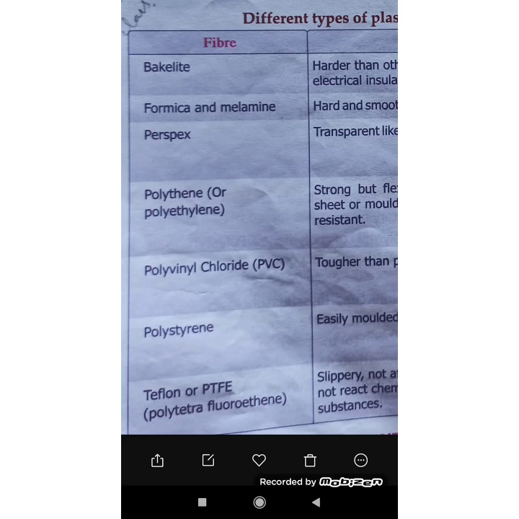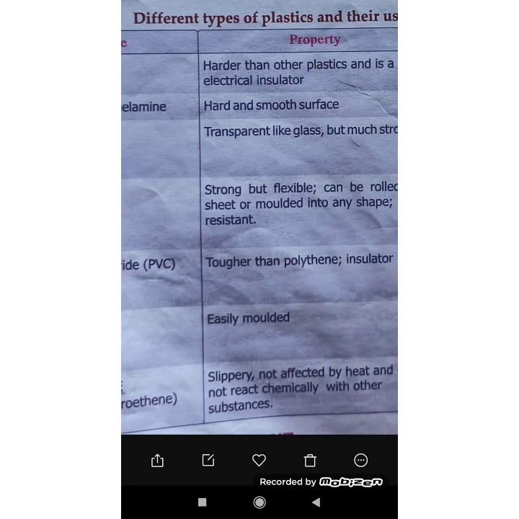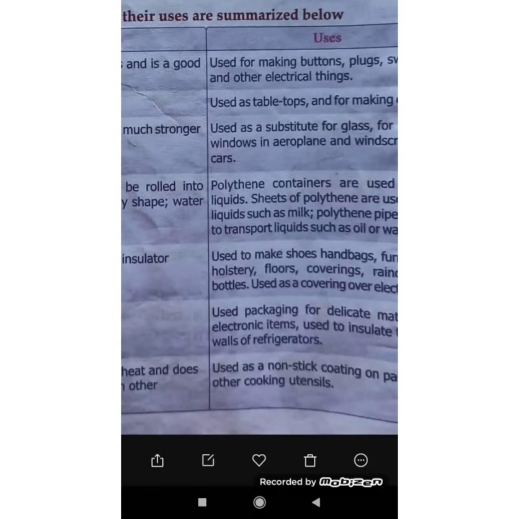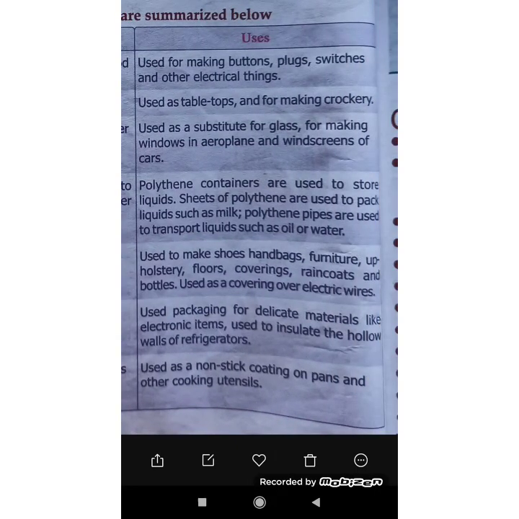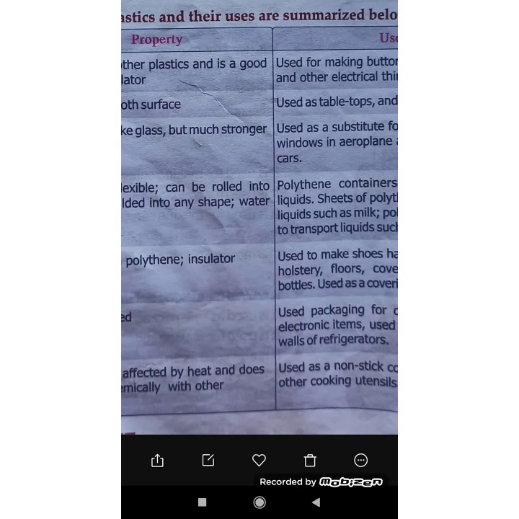Next one is polystyrene. It is easily molded. It is used for packaging for delicate materials like electronic items. It is used to insulate the hollow walls of refrigerators.